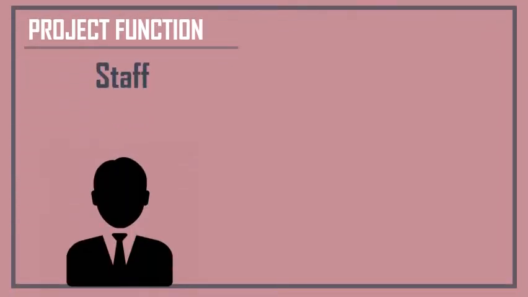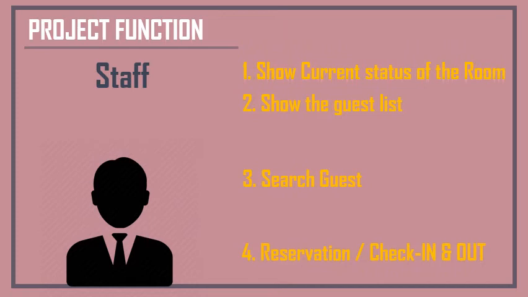The hotel staff can do the following functions. In addition to what the customer can do, as mentioned on the previous slide, the staff can perform three more functions. First, staff can see the status of whether the current room is empty or reserved. Second, staff can see the guest list of customers.